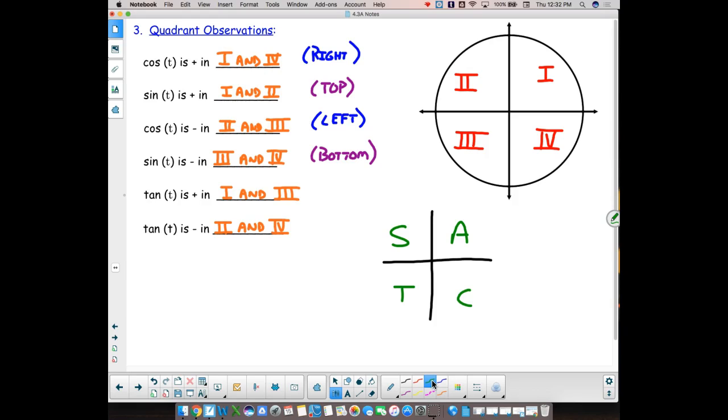So secant would be the same quadrants as cosine, because secant and cosine are pairs. Okay? So likewise, cosecant and sine would be the same. So cosecant would be positive in quadrants 1 and 2, negative in 3 and 4. And cotangent would match up with tangent. Okay? Good times.